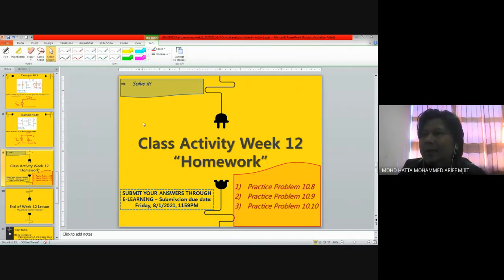Before we finish, normally I would like to ask you to do this practice problem. If you cannot do the problem which involves a dependent current source, then that should be okay.